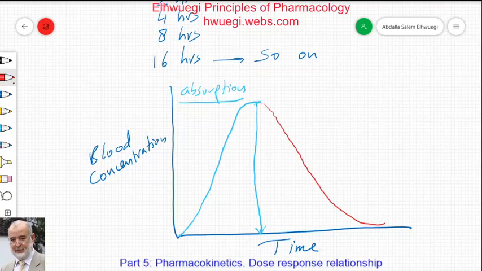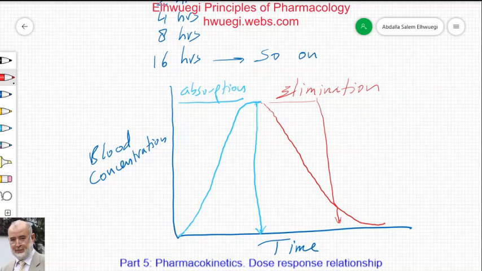Of course, this phase represents the elimination phase of the pharmacokinetics of paracetamol.